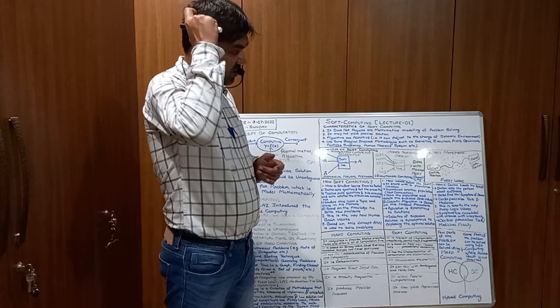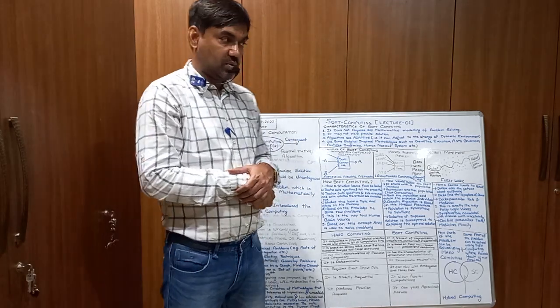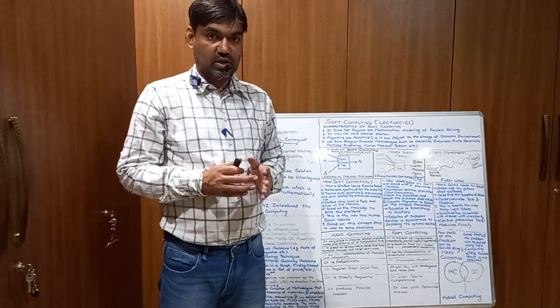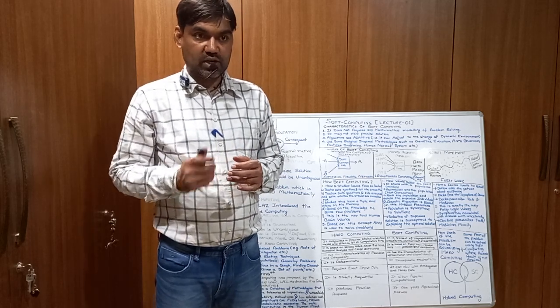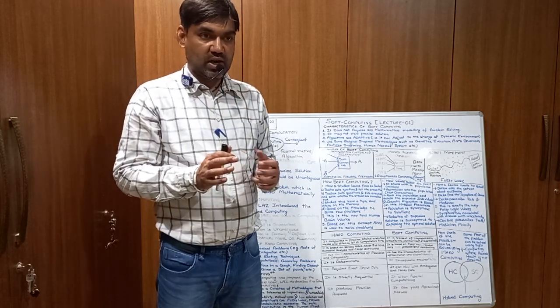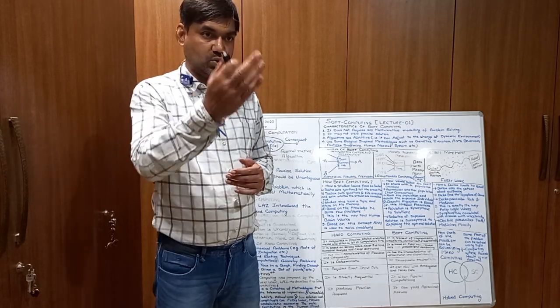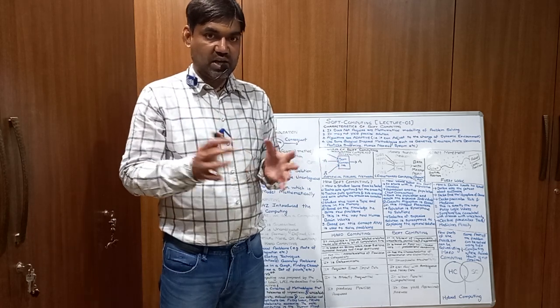Then another example of a soft computing problem is robot movement. A robot is placed at some position and is supposed to get to some other position, and from the initial position to the goal position there may be several obstacles placed in between.